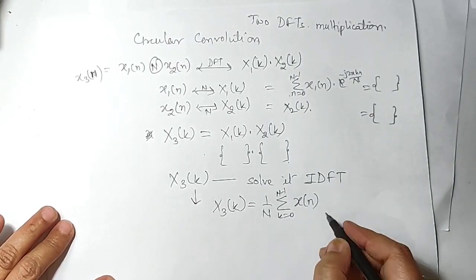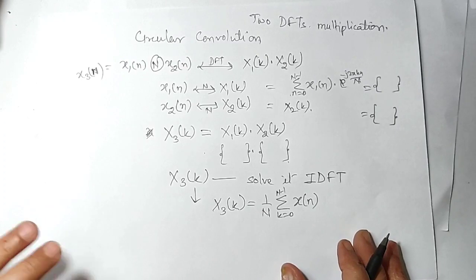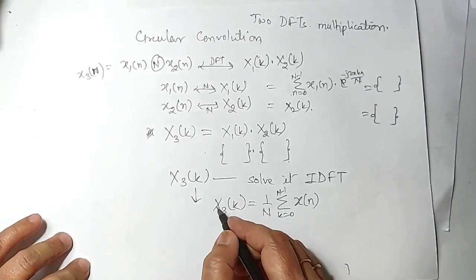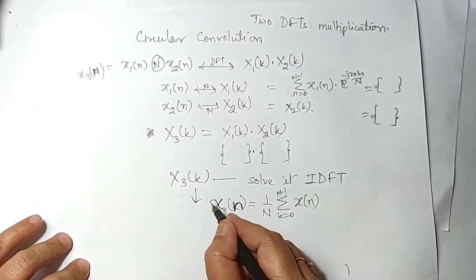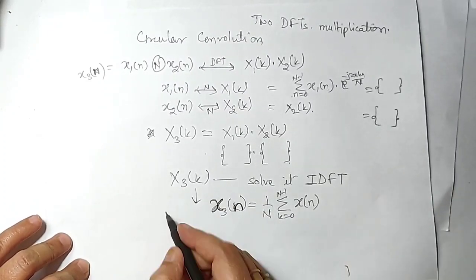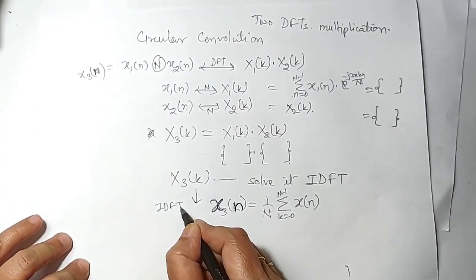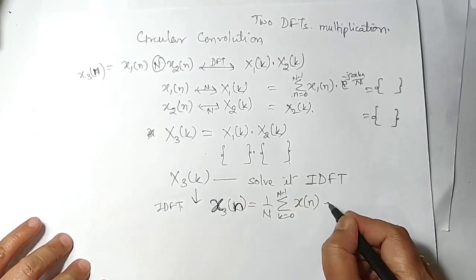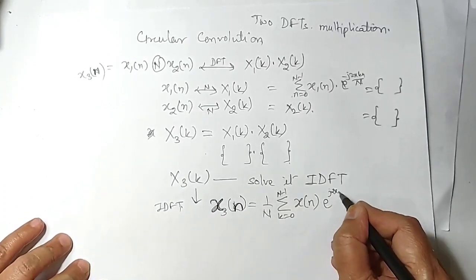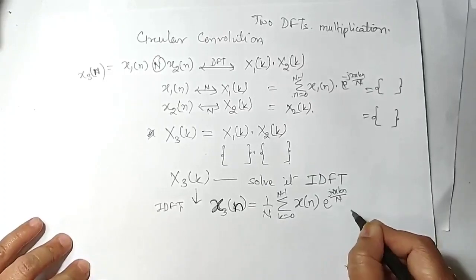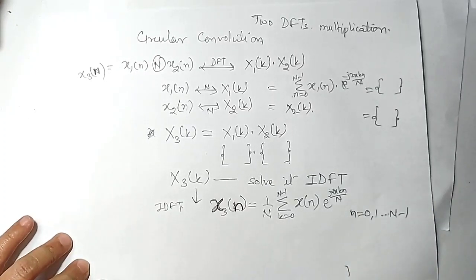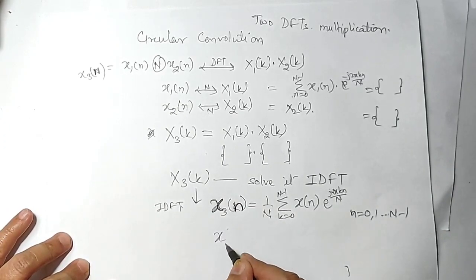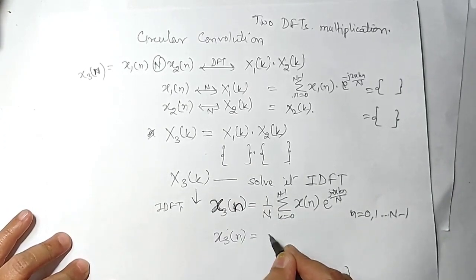Sorry, I am calculating here x3(n), small n, by IDFT. And that will be your answer, x3(n).